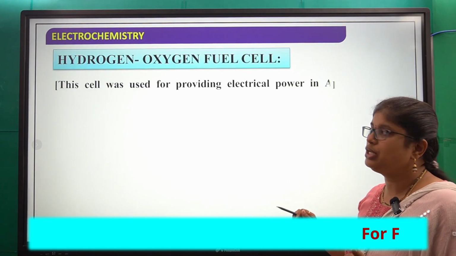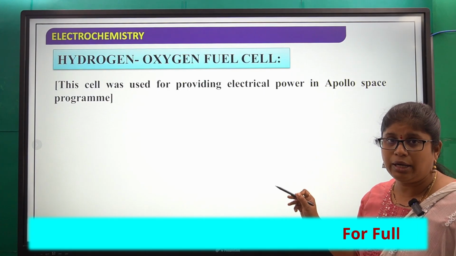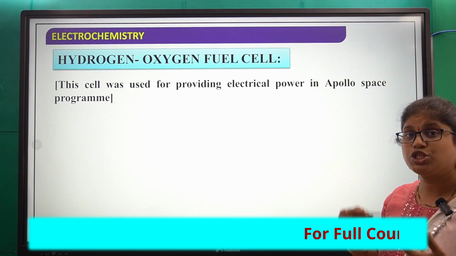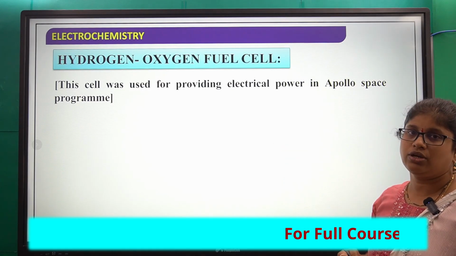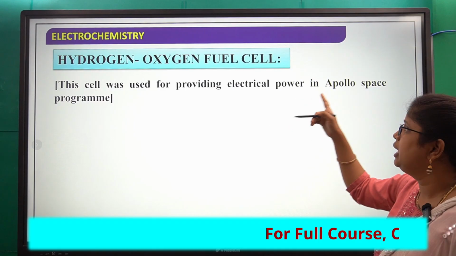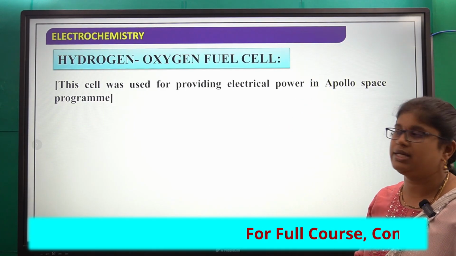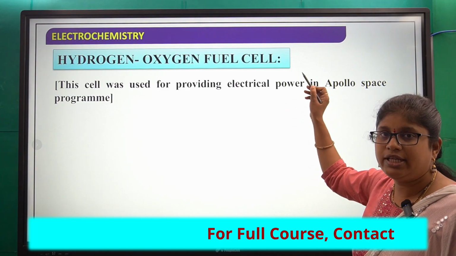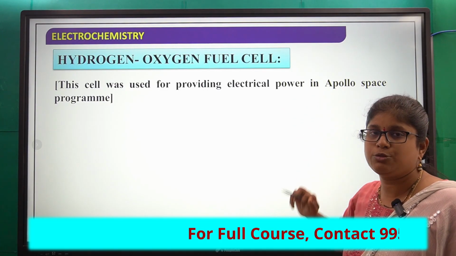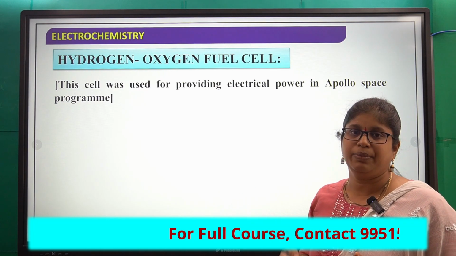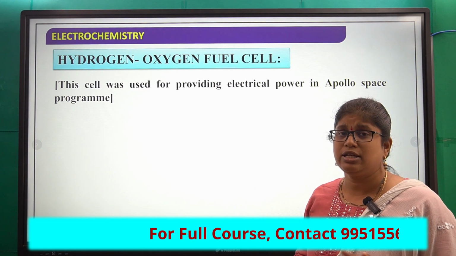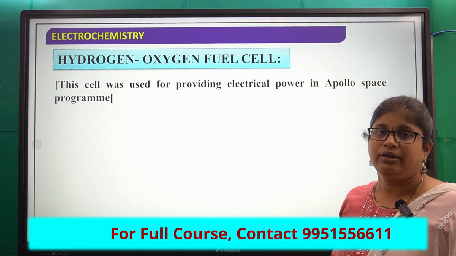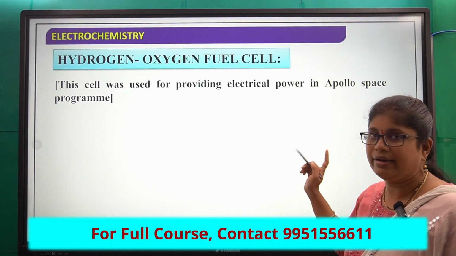This hydrogen oxygen fuel cell was used previously for providing electrical power in the Apollo space program. And we saw in the reactions that distilled water is produced. That water produced is added to the drinking water for those who are in space.